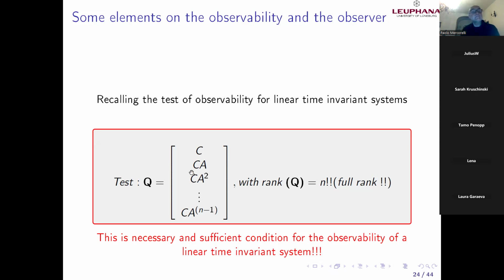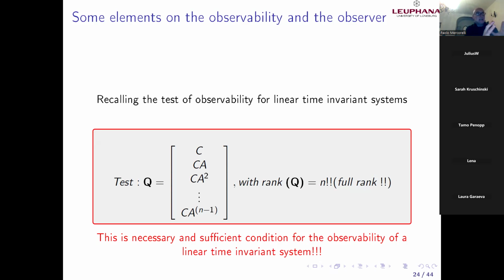Therefore, I have to consider just C as the first one always, and C multiply A as the second line, because the length of the row is characterized by n minus 1, which is the exponent of A. The meaning of this observability matrix is to build the map of the connections between the states and what I am measuring.